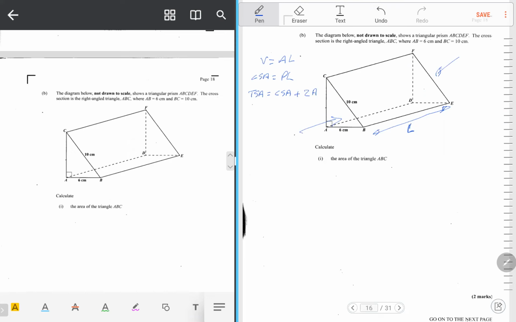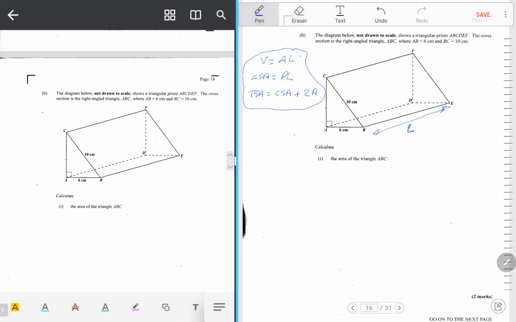Some objects only have one closed end, so it will be just plus A. But basically, when it's a solid object throughout, those three formulae govern this topic. All objects with uniform cross section can be governed with those three, so you have to remember that.